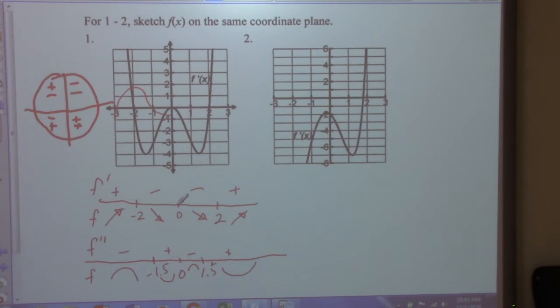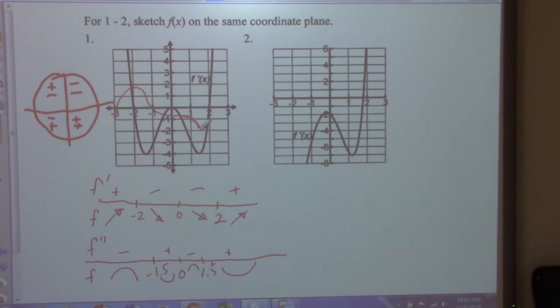And what do we have now between 0 and 1.5? Negative, negative. It's going to be this piece here, right? So negative, negative, we go to 1.5. So something like this.